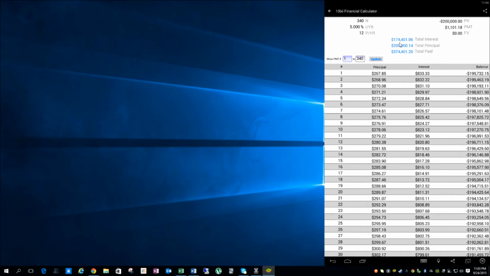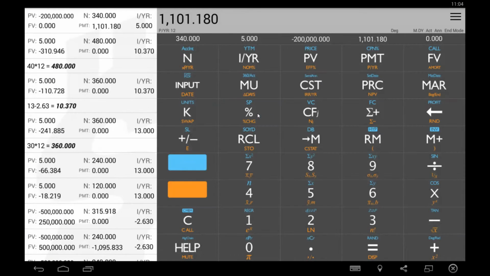Let's say I'm 20 months in on a 30-year loan. So let's go ahead and go back and look at refinancing it. So we're refinancing to a new 30 years. Okay. And let's say we refinance to 3.375%. So now we're going to keep the future value at 0 because it's an amortizing loan.